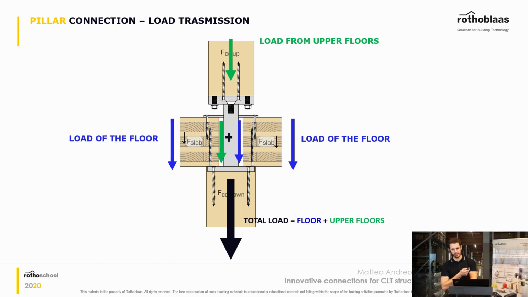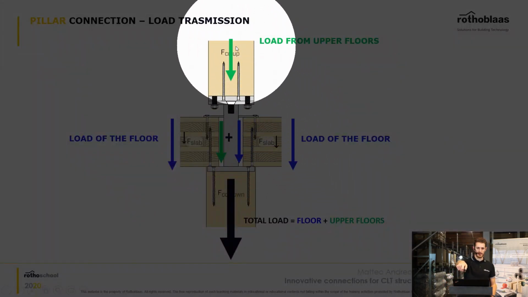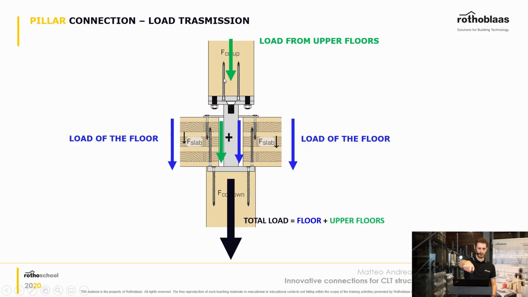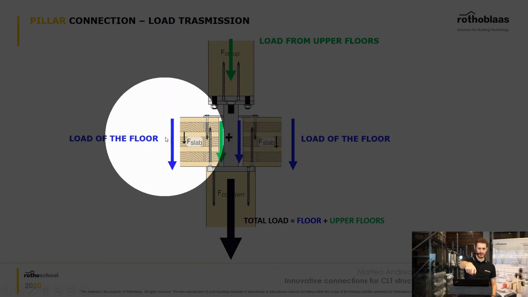Let's have a look at how the load is transmitted from the upper stories to the bottom ones. It's very similar to the one we saw before, because you have the load from the upper floors and also the load of the floor here.